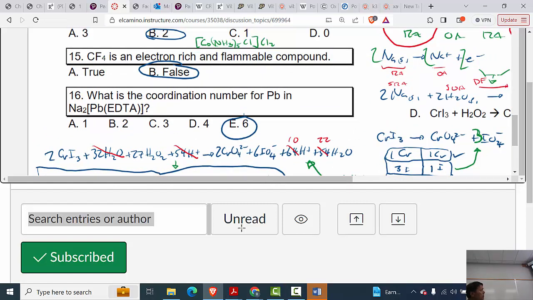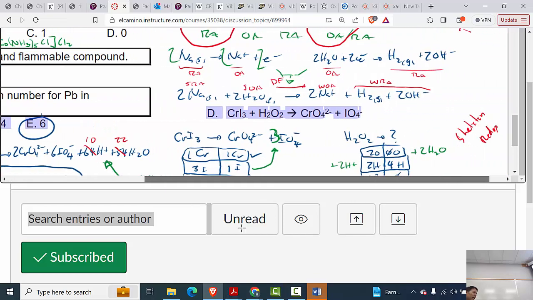Okay, what is the coordination number for lead in this compound here? And so you'd have to know EDTA. EDTA is a hexadentate ligand. There are only 3 polydentate ligands in the book: ethylene diamine, oxalate, and EDTA.